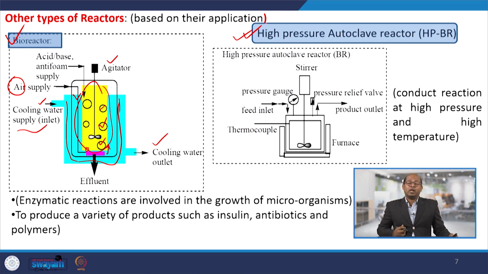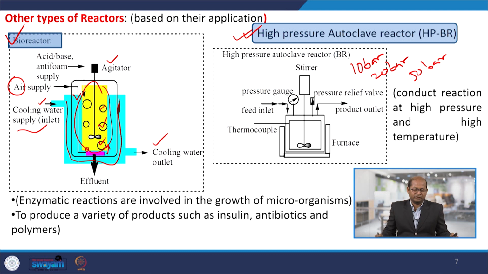This is one kind of batch reactor. Here the volume is fixed, but the pressure would be different; volume constant, pressure changeable. If we need for a particular reaction, let us say 10 bar, 20 bar or 50 bar, and the reaction temperature may be 500, 600, 300 degree centigrade, we want to conduct reactions and change the pressure.